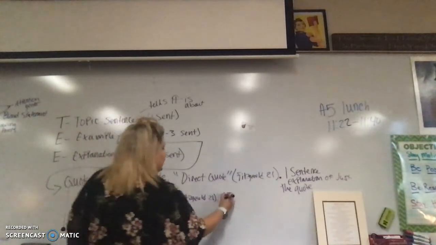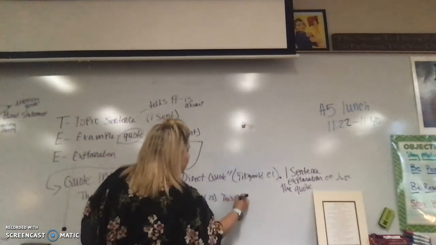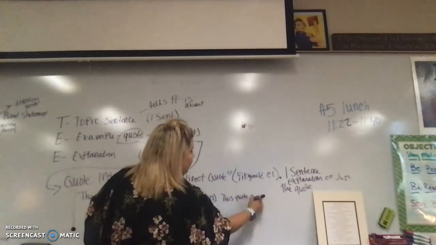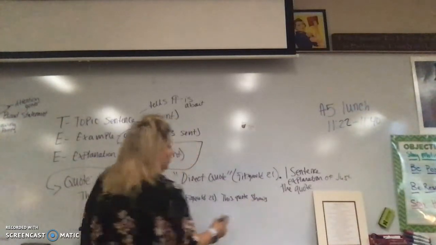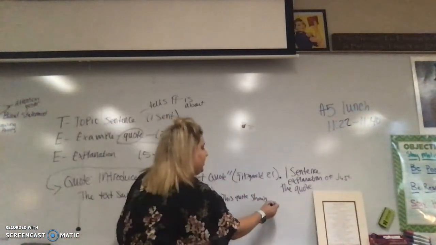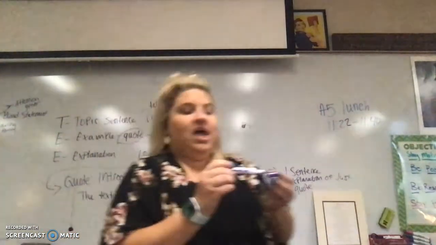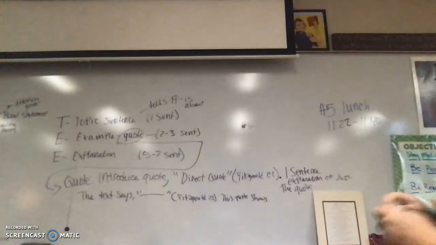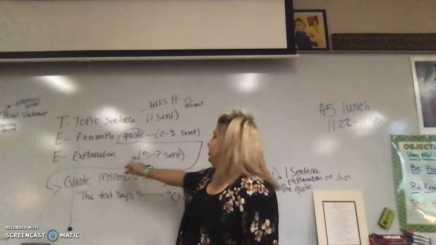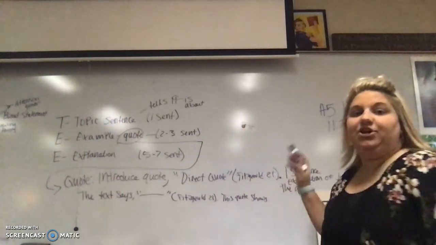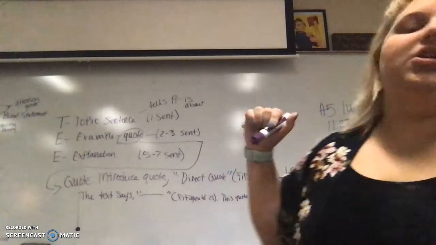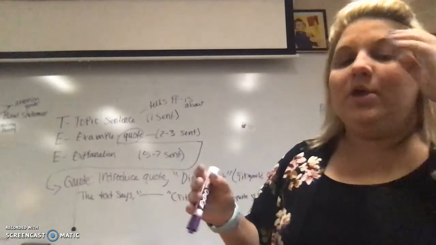And then you would say, this quote shows, okay, and then just tell me what it is. That helps you also lead into the third part of your paragraph, which is your explanation, and that's 5 to 7 sentences. In your explanation, it's really your thoughts, your story, your detail.